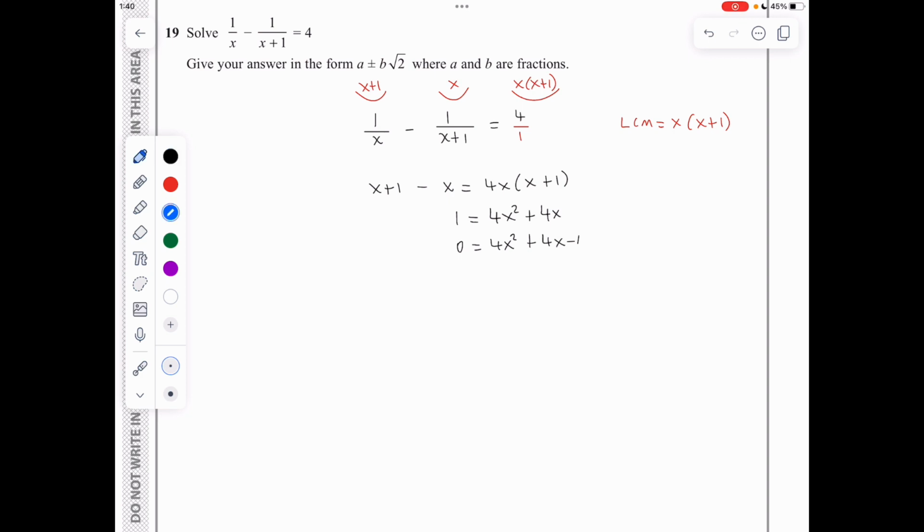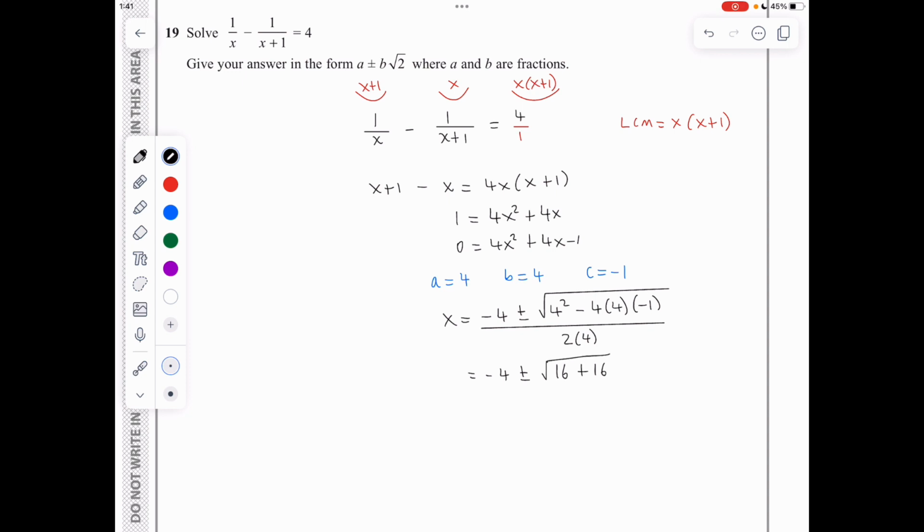And I'm looking at a quadratic with a being 4, b being 4, and c being negative 1. So I'll be using the quadratic formula here. We have that x is minus b plus minus the square root of b squared minus 4ac, and all of it over 2a. So this simplifies to minus 4 plus minus the square root of 16 plus 16 over 8.